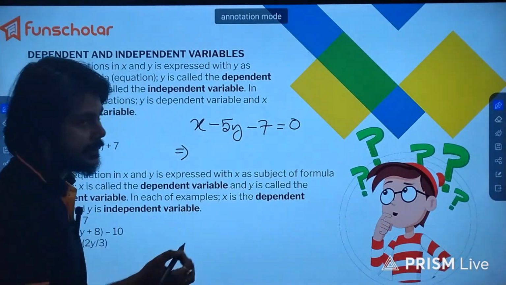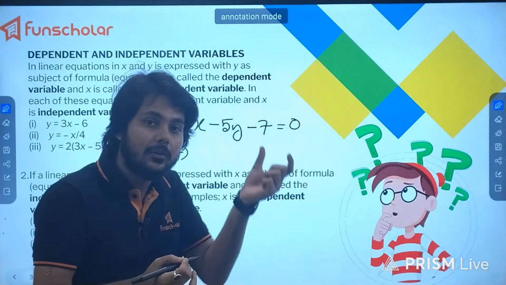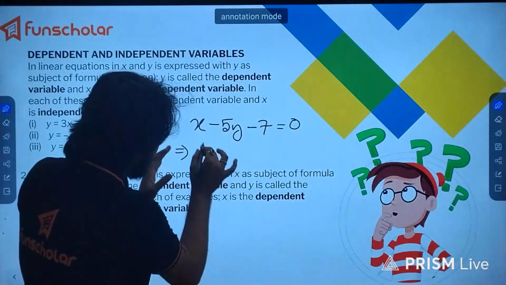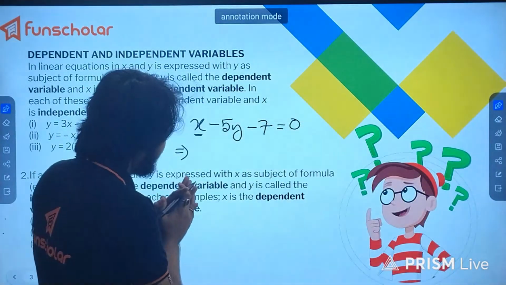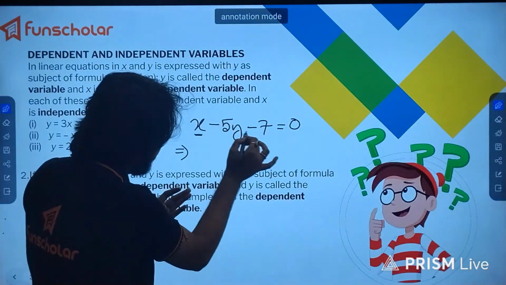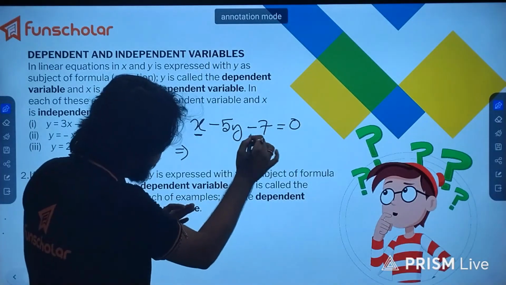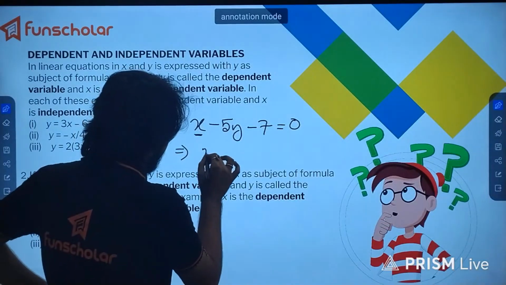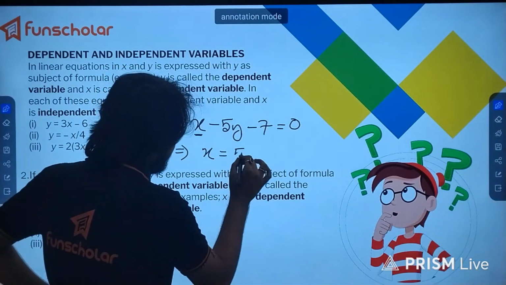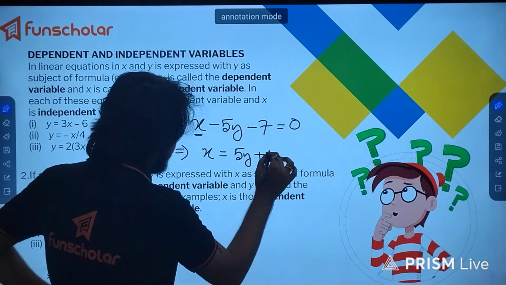Now, if we want to express the value of x, then we need to put this x to the LHS and we need to transpose these two terms, this variable and this constant term, to the right hand side. Then the expression will look like this: x equal to 5y plus 7.